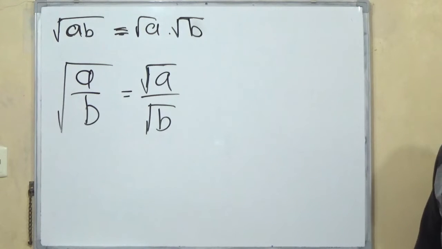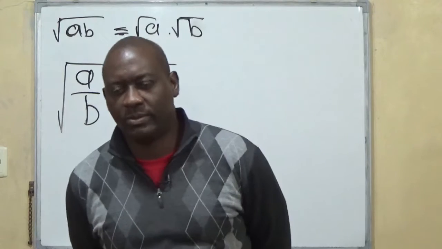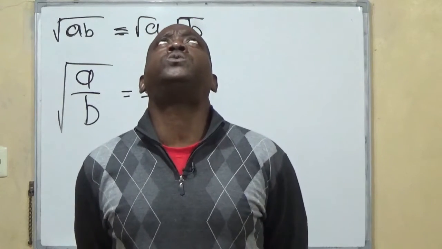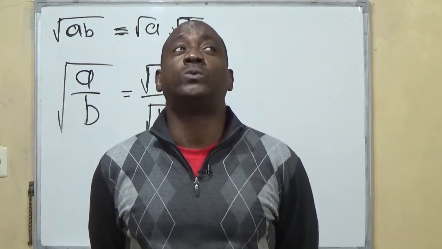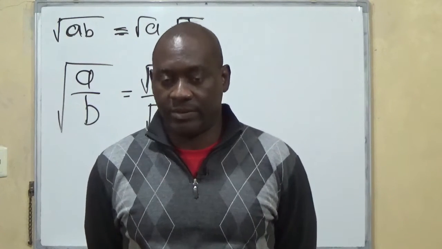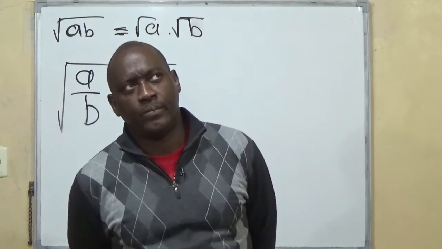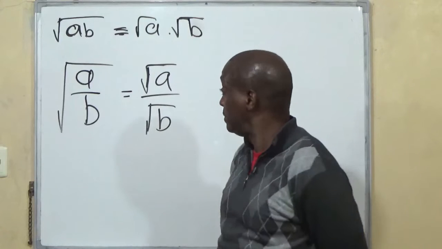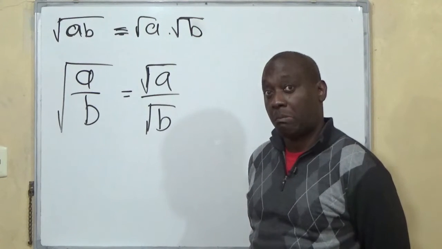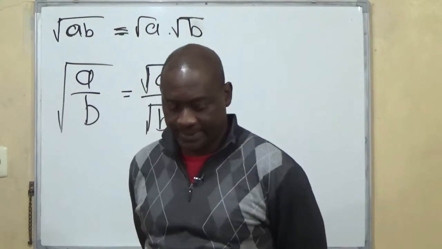So now we need something where we could get, this one a little more tricky. 16 over 4 is 4. 256 over 16.